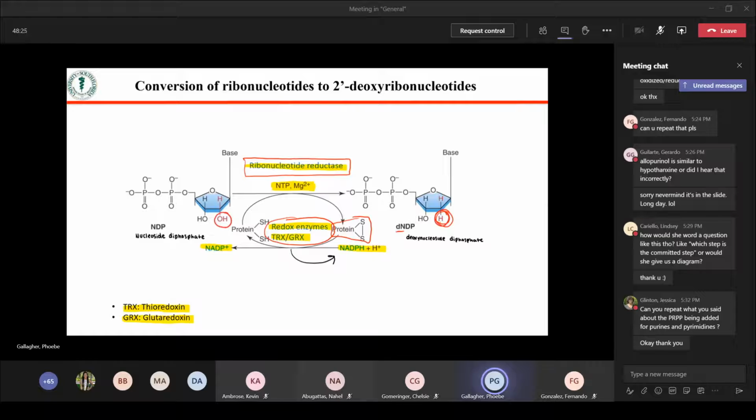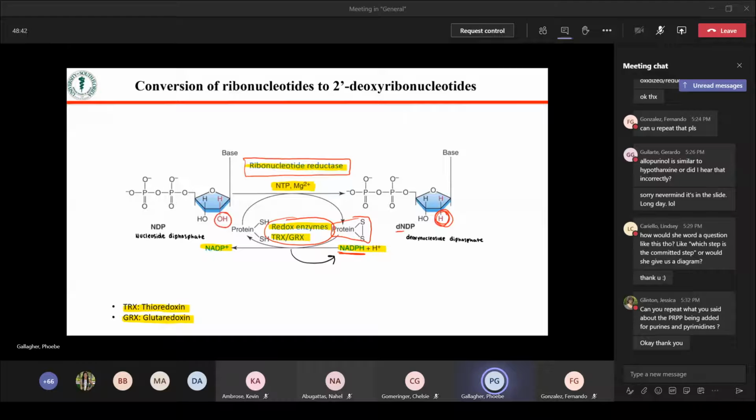So the redox enzymes provide the hydrogen, but the ribonucleotide reductase is what's doing all the work. So know these two enzymes, understand that it uses disulfide bridges to do this, and NADPH helps as well.